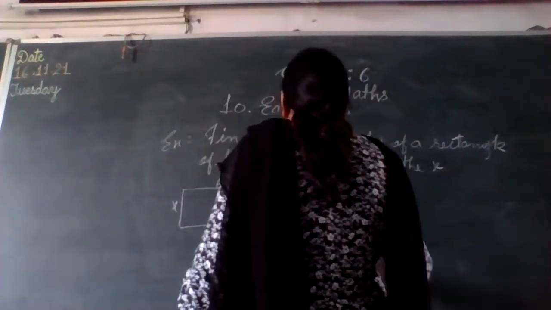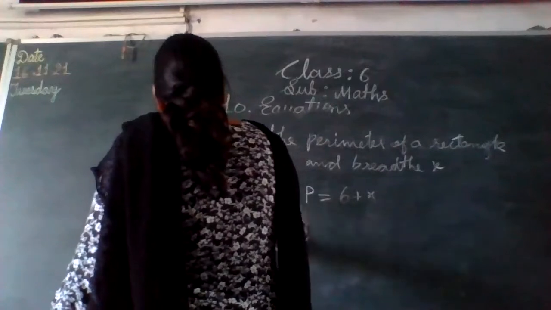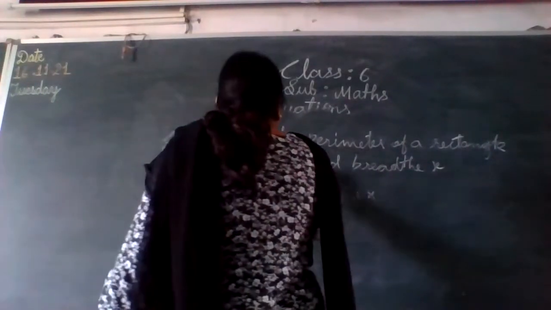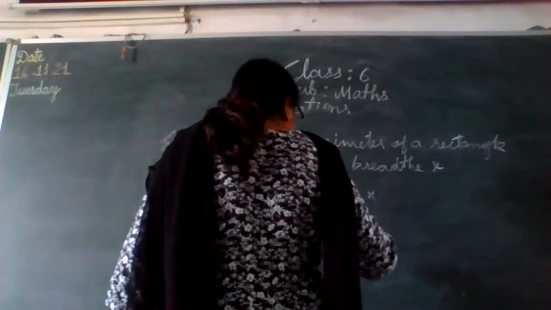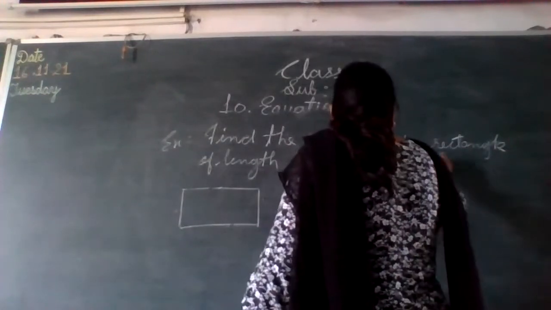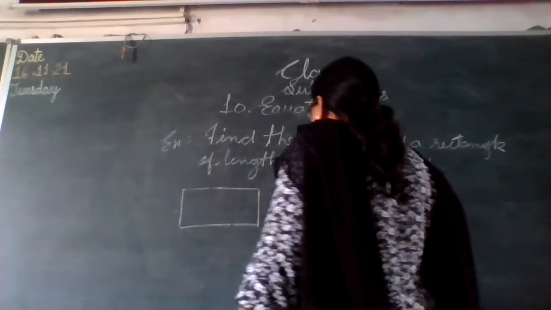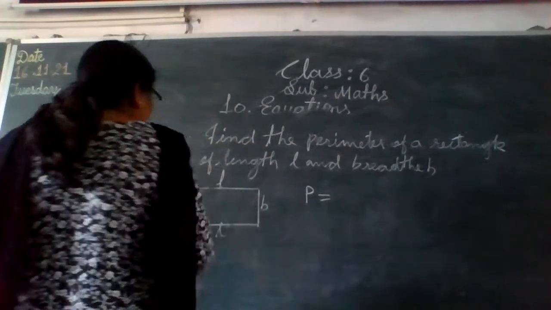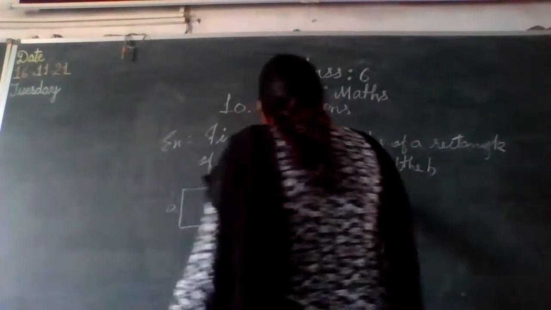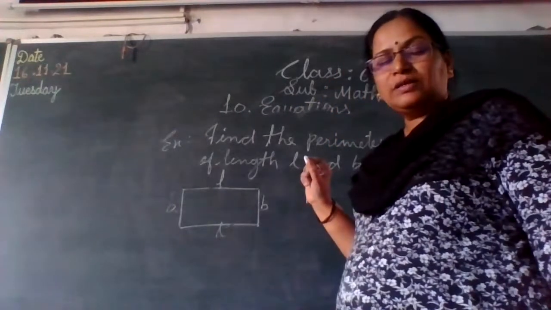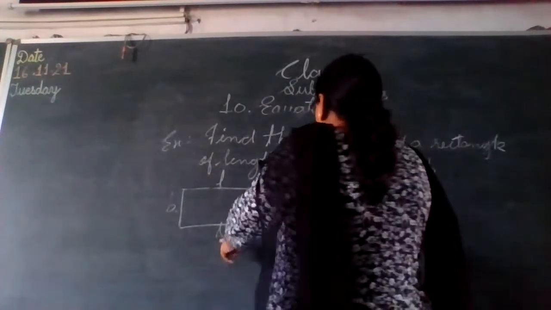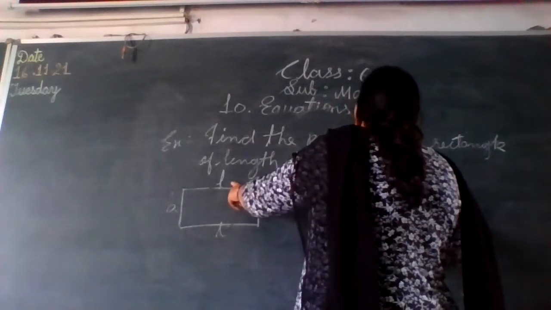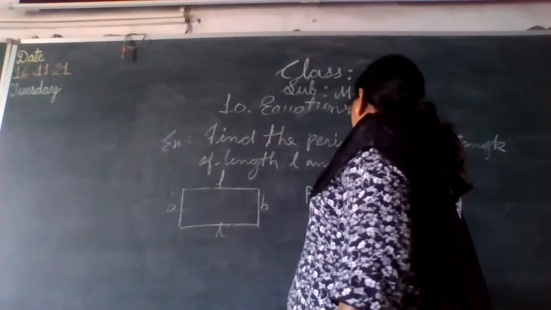Let us use L for length and B for breadth. Perimeter means the sum of all the sides, so L plus B plus L plus B.